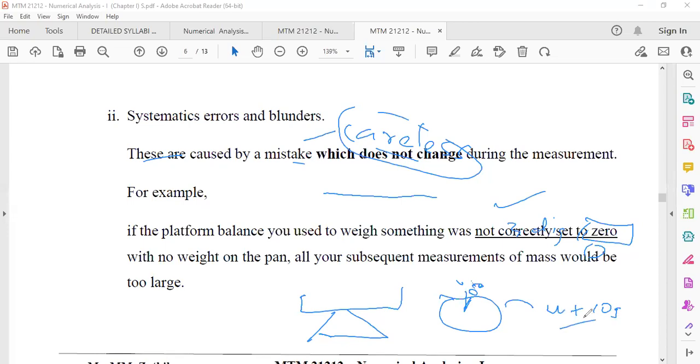So that will be a mistake, and each time we weigh, it will make mistake after mistake. Then at last, it will give big errors. So that's what we say: it was not correctly set to zero with no weight on the pan, so subsequent measurements of mass will be too large. If you don't set it correctly, this is a careless mistake. Likewise, we can discuss some as well.